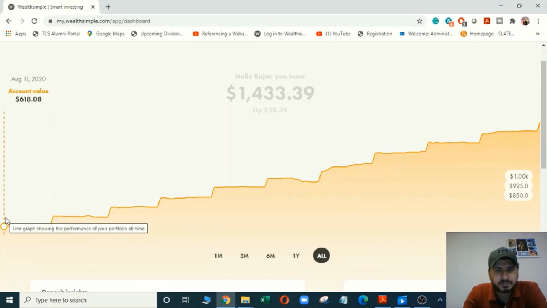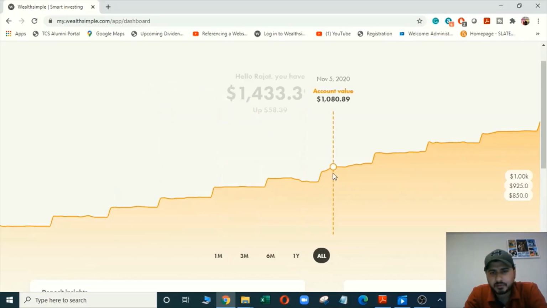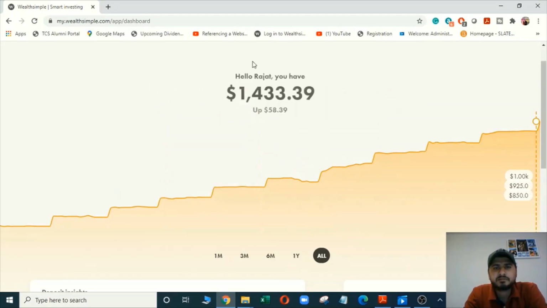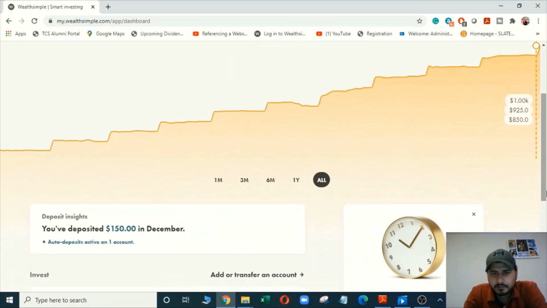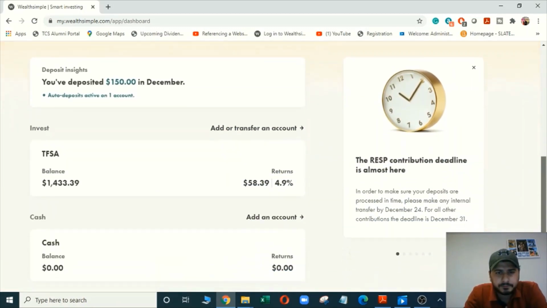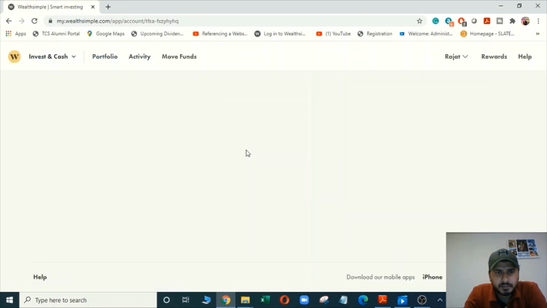I put in an initial amount of $500, and on a regular basis I kept on investing some amounts. So entirely my portfolio is right now trading at $1,400 and it's up by $60. It's up by 4.9%, and let's get deeper into it.